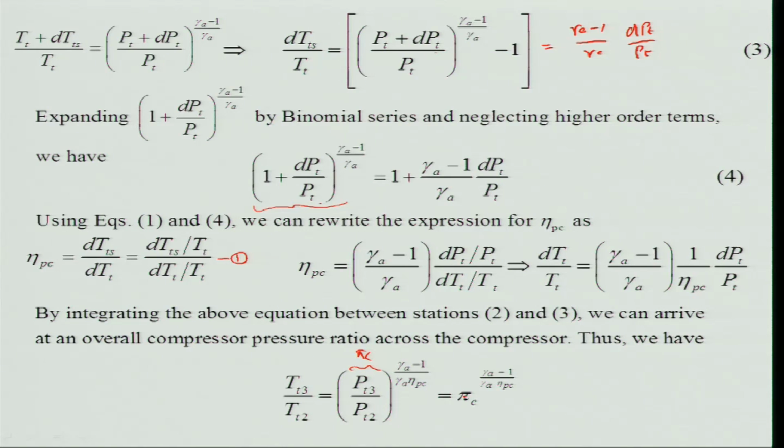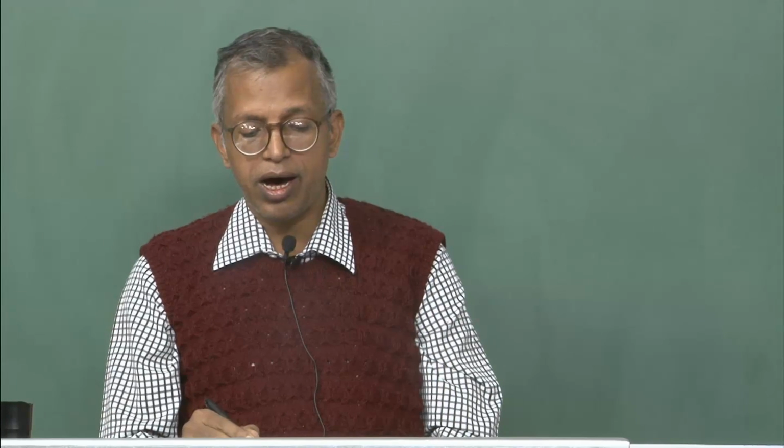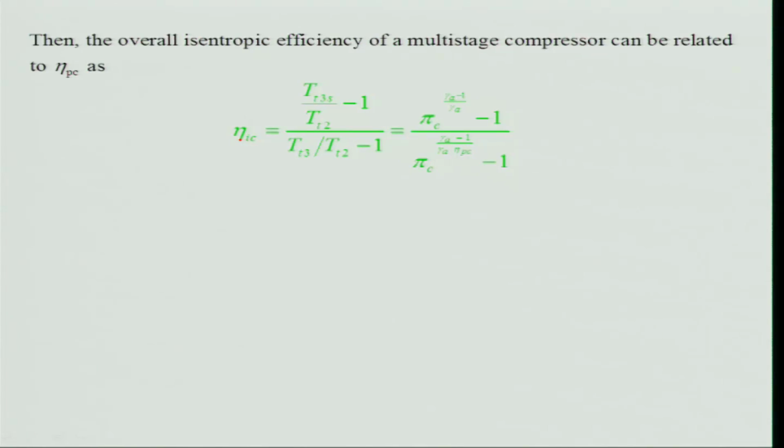Using this, I can relate the polytropic efficiency to the isentropic efficiency. By definition, the isentropic efficiency is T_t3s divided by T_t2, minus 1, and this is nothing but pi_c to the power (gamma minus 1) divided by gamma a, just for the isentropic process.